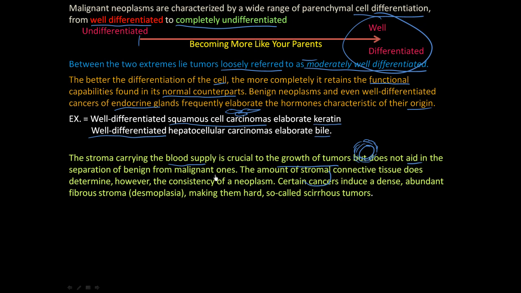So you can't differentiate between a malignant and a benign tumor by its blood supply. The amount of stromal connective tissue does, however, determine the consistency of the neoplasm. So certain cancers have a dense, abundant fibrous stroma that's called desmoplasia, making them hard, so they call them scirrhous tumors.